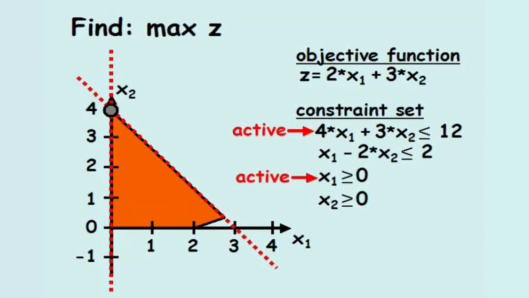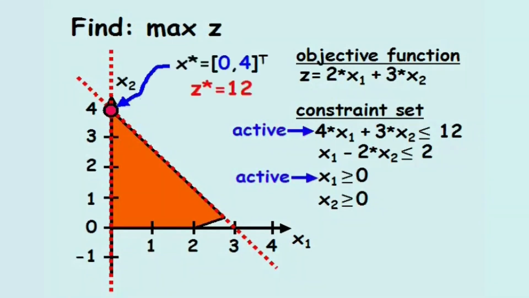Now, the first constraint would be active, and x2 would be greater than 0. After pivoting, we would realize this current solution of x1 equals 0, x2 equals 4 is the unique optimal solution.